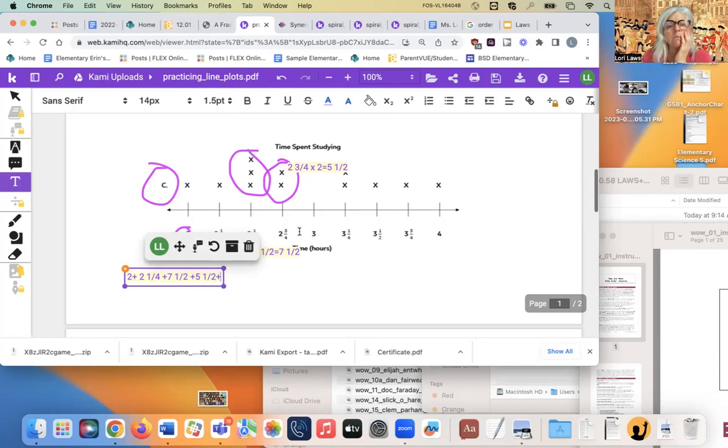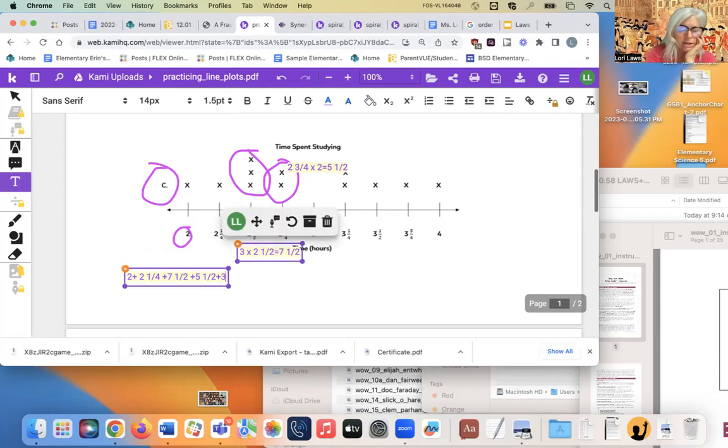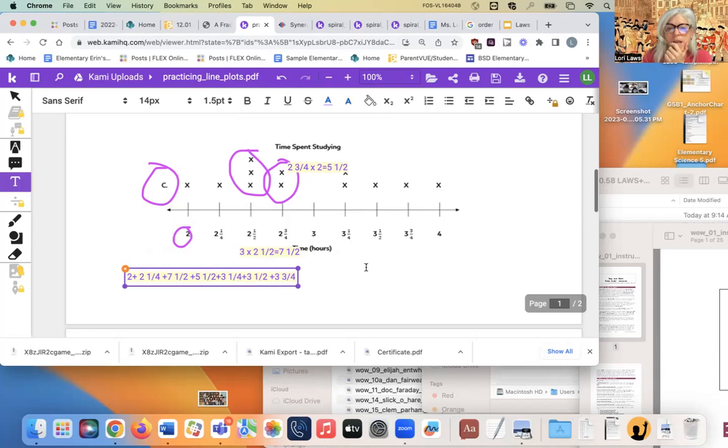All right, and then we go to the next one, 3 1/4. They're honestly kind of a pain. It's a lot easier to do this on paper. So we had 1 times 3 1/4. We have 1 times 3 1/2. We have 1 times 3 3/4. And we have 1 times 4.